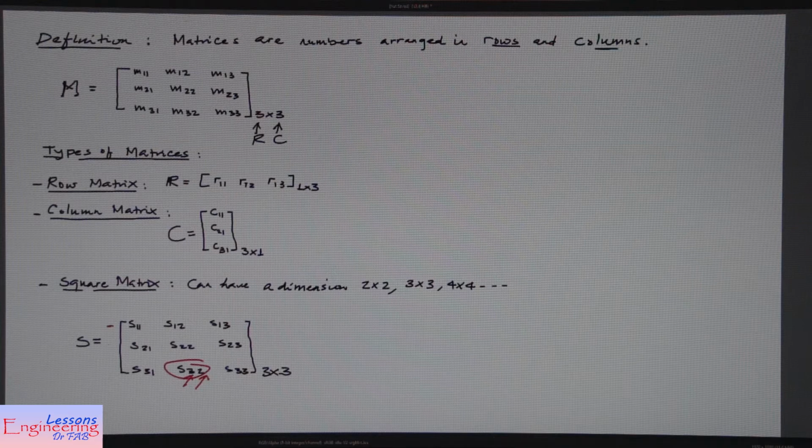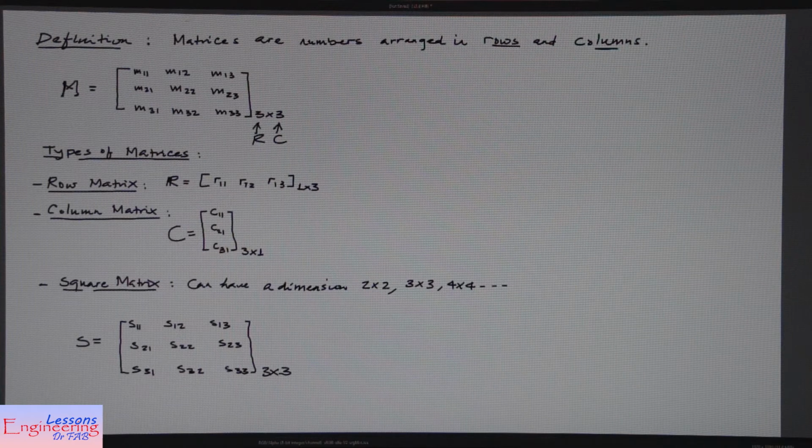So if you count 1, 2, 3, and also in the column if you count 1, 2, you will definitely get that element in that matrix. So square matrices have an equal number of rows to columns, and the dimension is always n by n. It could be 2 by 2, 3 by 3, any number of rows by columns where the two are equal.